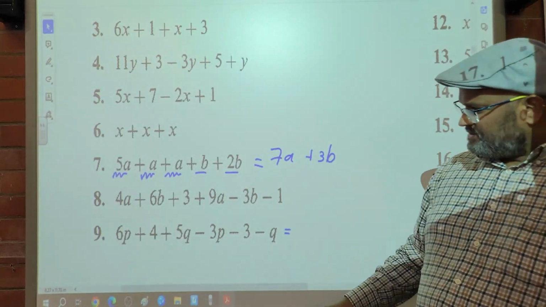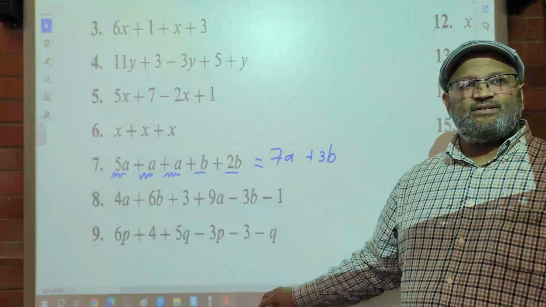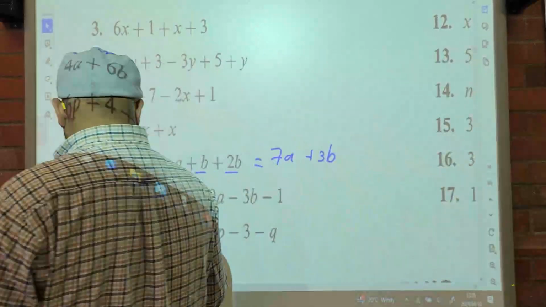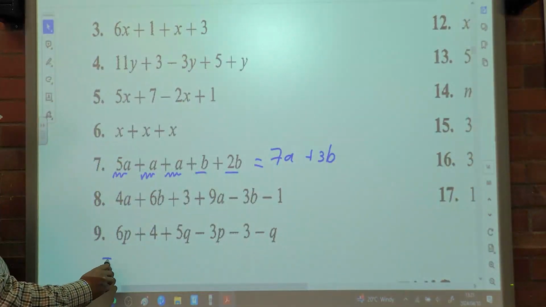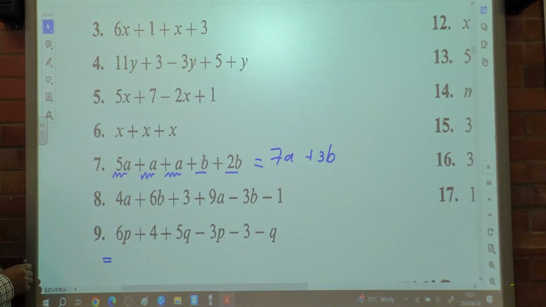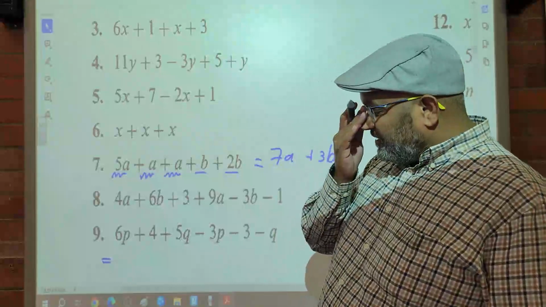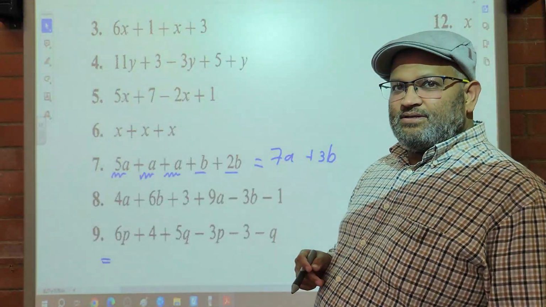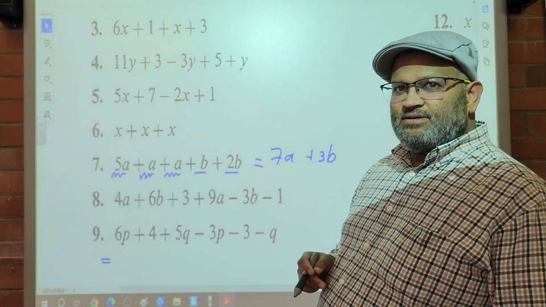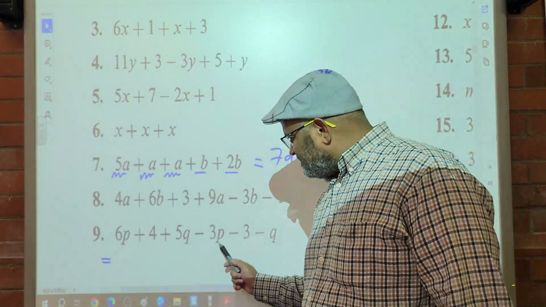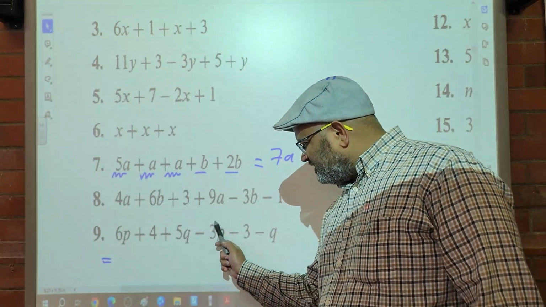Okay. So what are you saying about number 9? Some of the terms that are like have different variables, then the one is plus and that one is minus. That means this minus belongs to 3p.